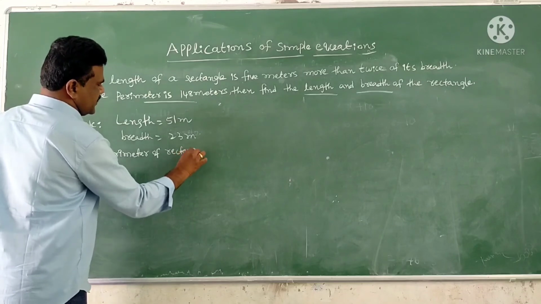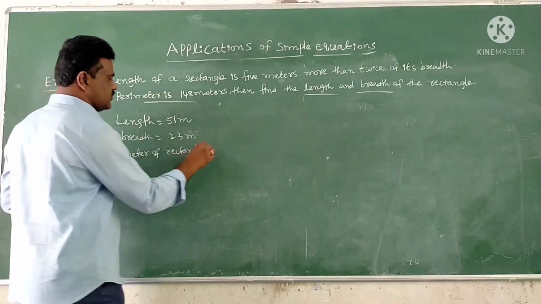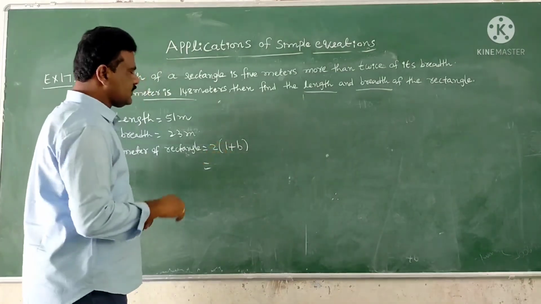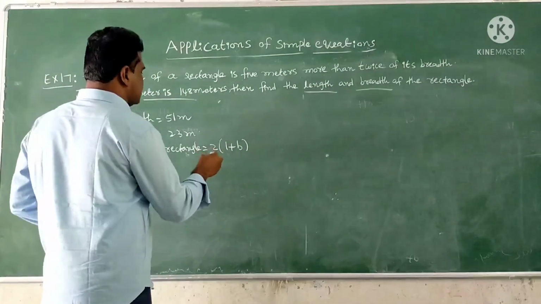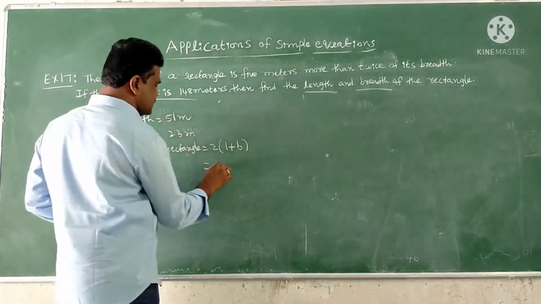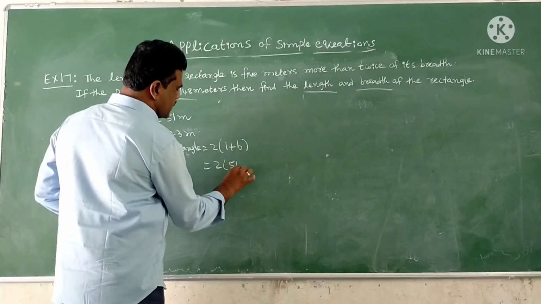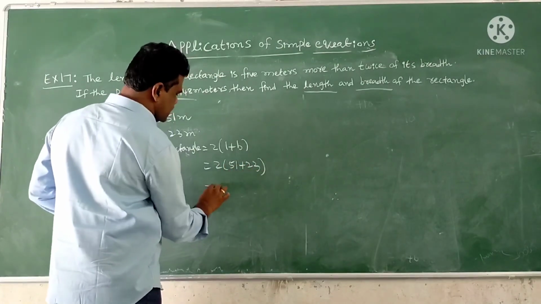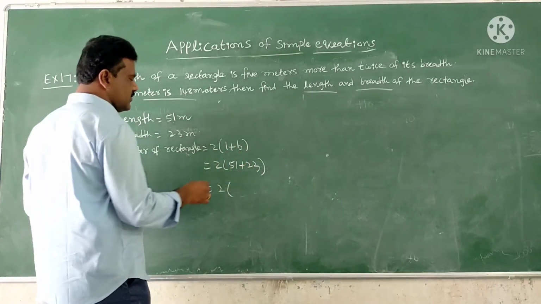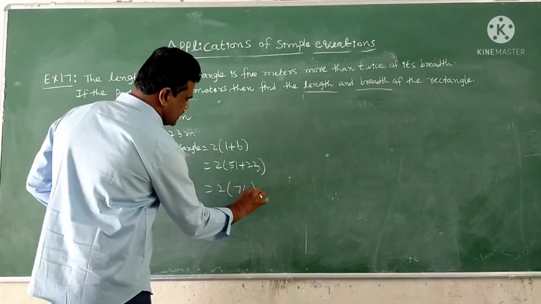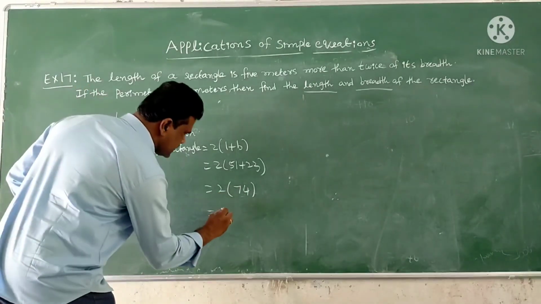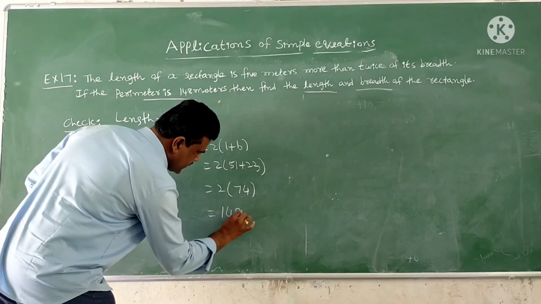What is the perimeter of a rectangle? 2 into (L plus B). Substitute L equal to 51 meters, breadth equal to 23 meters. So 2 into (51 plus 23), 51 plus 23 is equal to 74. Now multiply 2 into 74, we get 148.